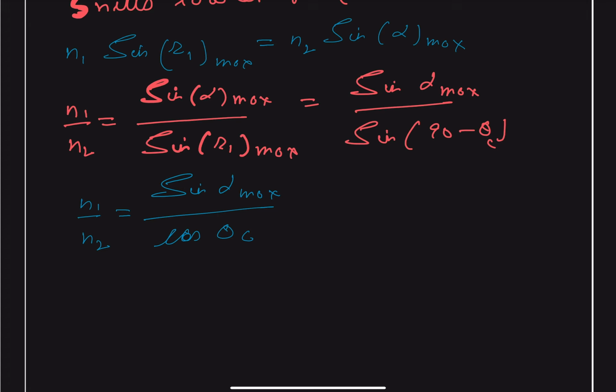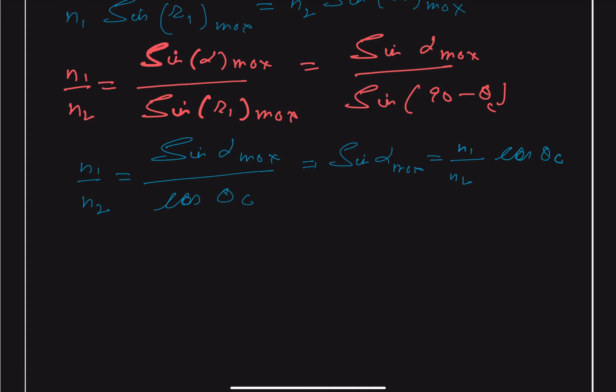We can now easily sort it out. This gives us sine of alpha max is equal to N1 upon N2 cos of theta c.